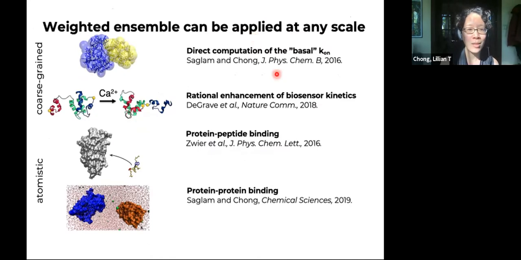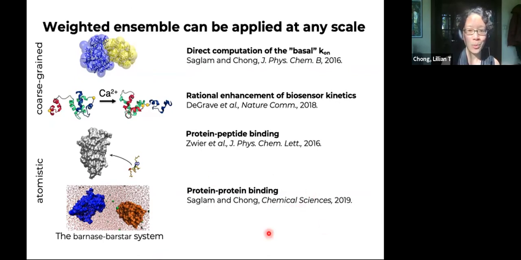And we've applied this strategy at multiple scales. So working up to simulating protein binding at the atomistic level with explicit solvent, we started out with very coarse-grained models of barnase and barstar, and then gradually worked up to protein-peptide binding in implicit solvent. And finally, this is the system that I showed early on in the talk, with barnase and barstar, a classic system for studying protein-protein binding.